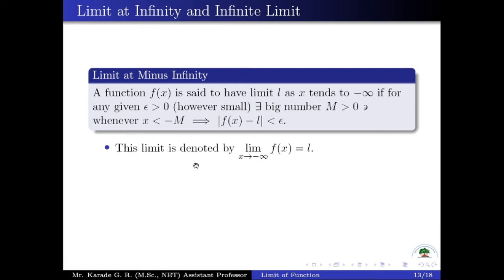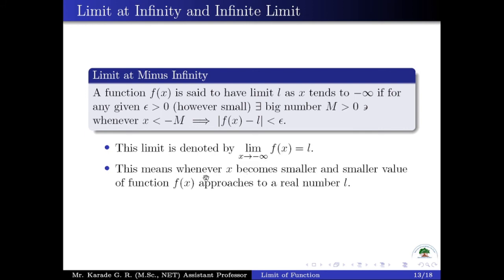This limit is denoted by limit of f of x equal to L when x tends to minus infinity. The meaning is again, when x becomes smaller and smaller, values of function f of x approach a real number L.